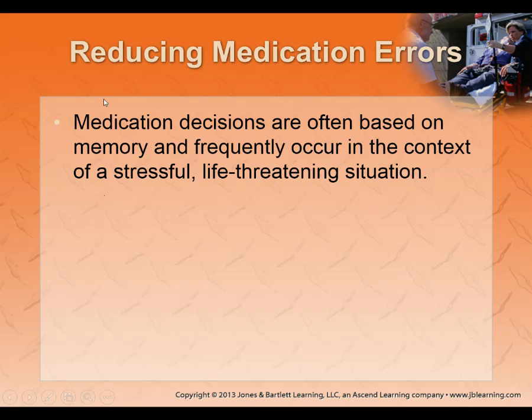We have discussed it to no end, but we'll discuss one more time the issue with medication errors. Our job is to prevent those, or lower them, or understand how to decrease them. Medication decisions are often based on what we know. We have to know that a normal dose for someone brand new to metoprolol generally is 25 milligrams, and that they should take that once or twice a day depending on the release consistency of it.